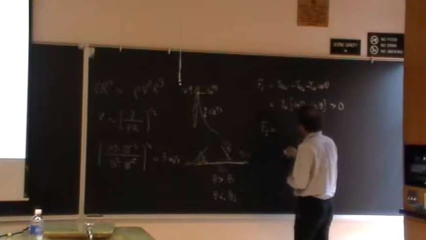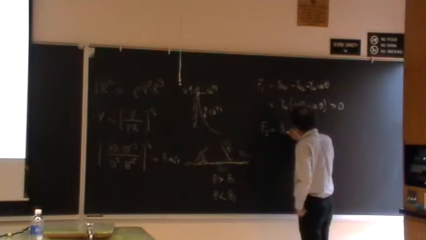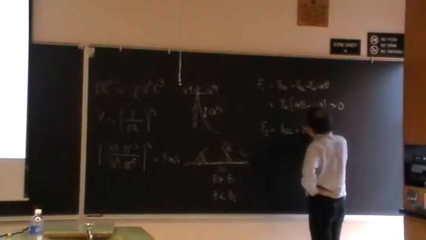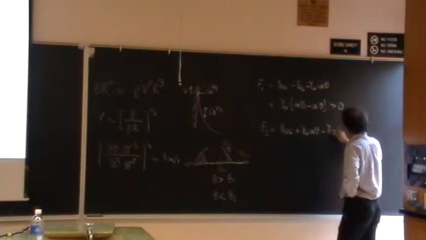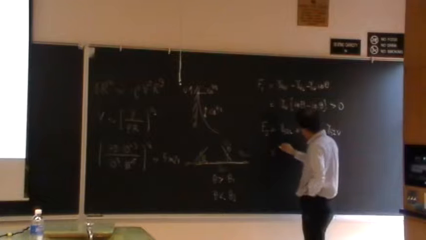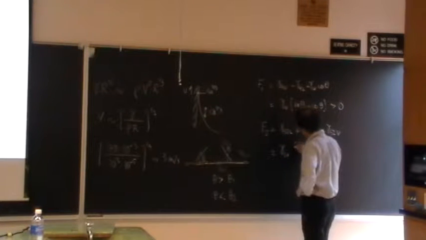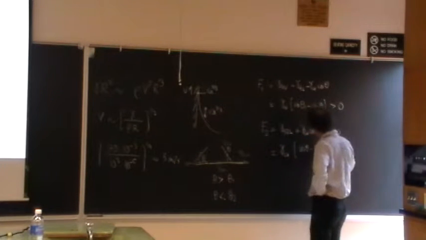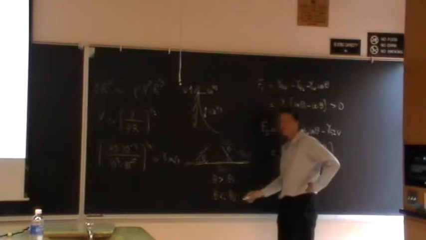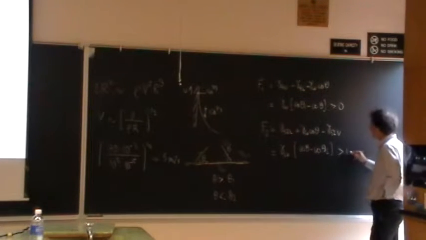As a consequence, this force is gamma S2L plus gamma LV cosine theta minus gamma S2V. Again, I use Young's relationship, and I find gamma LV times cosine theta minus cosine theta 2. And because theta is smaller than theta 2, again, I'm very happy to find that this force is positive.